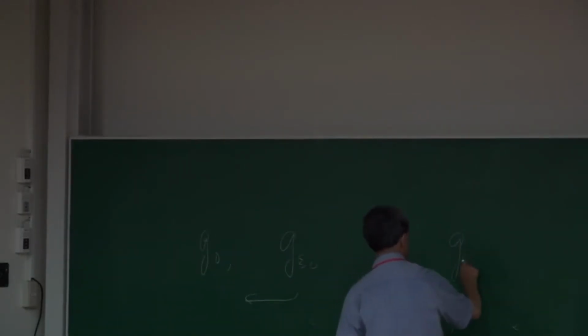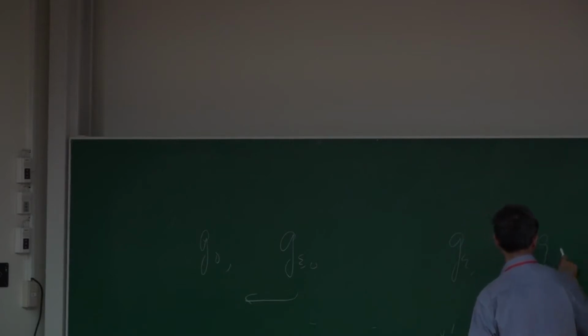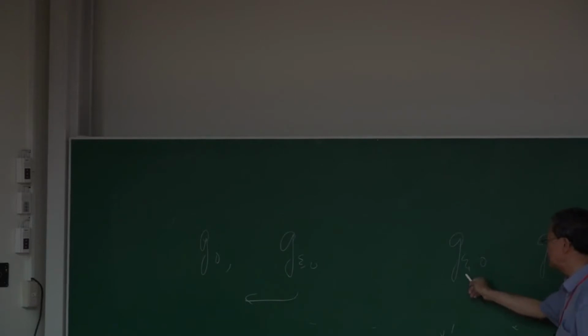So if this is true, then because G epsilon and G epsilon prime are very close, we just fix some small epsilon 1, and all the rest are very close to this one.